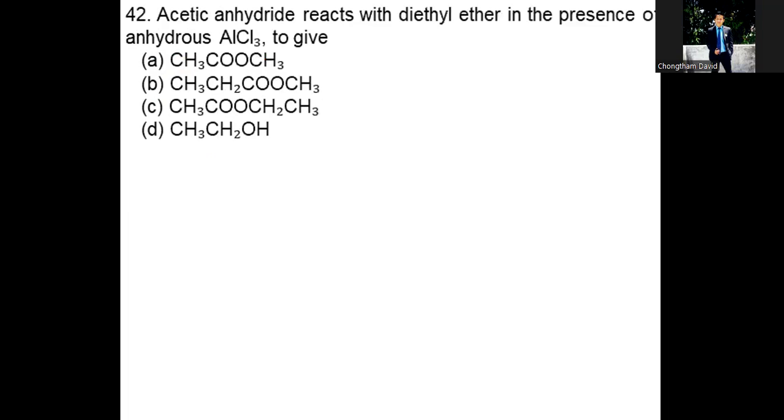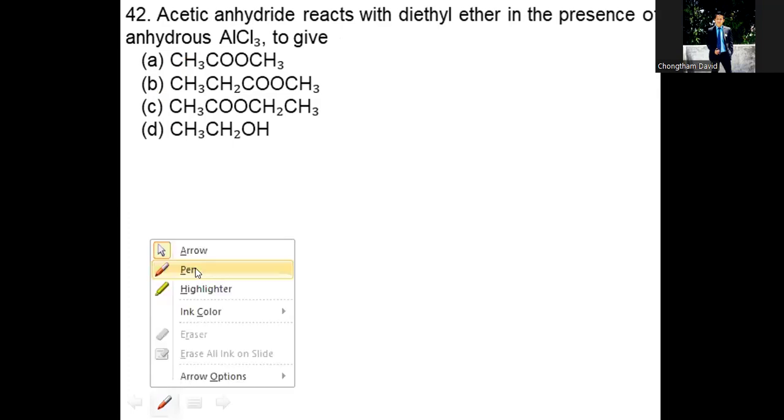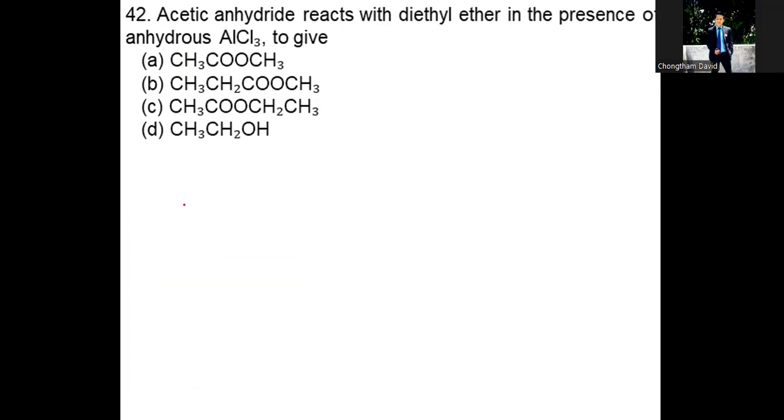Question number 42. Acetic anhydride reacts with diethyl ether in the presence of anhydrous aluminum chloride to give. Write the reaction and answer the question. So you write the ether, diethyl ether can also be written as, outside the bracket you write the ethereal oxygen, and acetic anhydride.